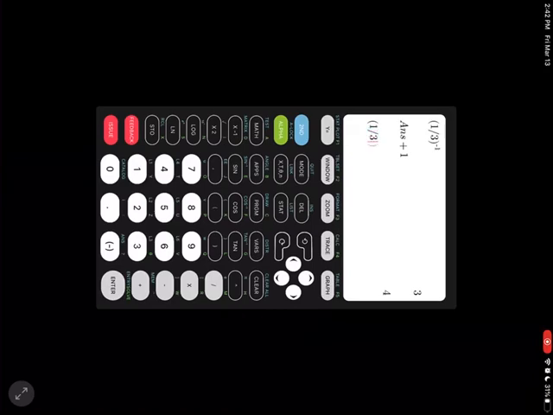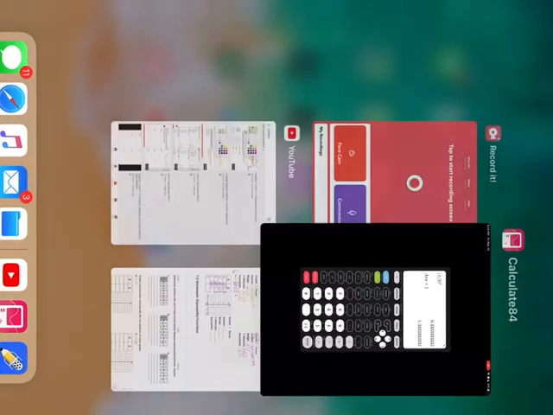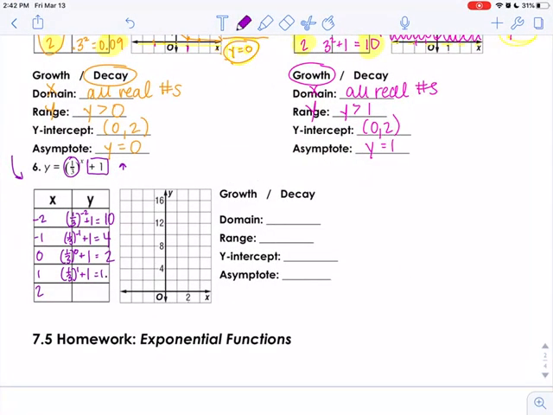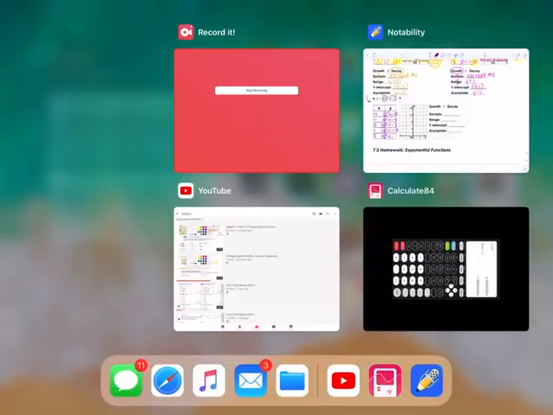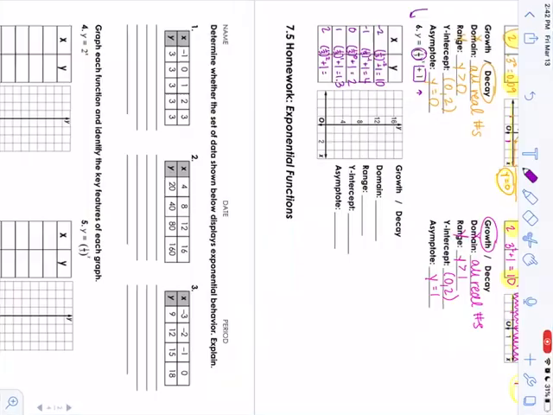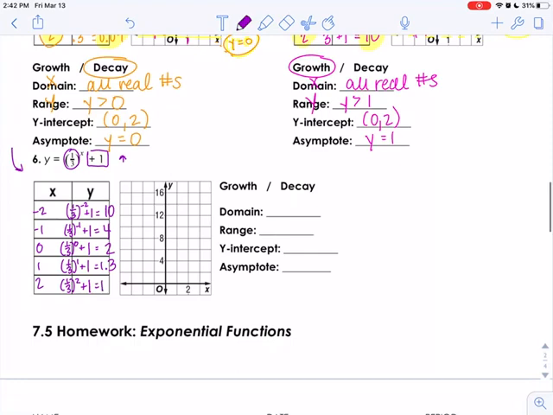Double check that. 1/3 to the first power, that's 0.3, plus 1 is 1.3. And then I have 1/3 squared plus 1. That's going to cause me to have 1/9 plus 1, but we'll plug that in over here. 1/3 squared plus 1 is 1.1.